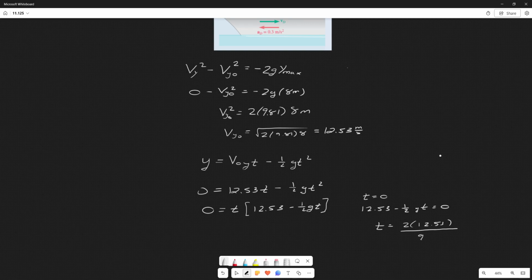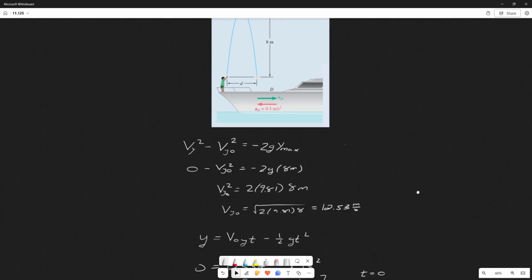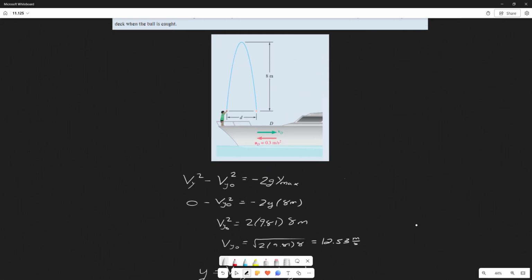G is just 9.81. And when you work this out, you get t equals 2.554 seconds. So that's the time that it takes for the ball to be released by the boy and to go back to the same y position that the ball started at. It takes 2.554 seconds for that to take place.